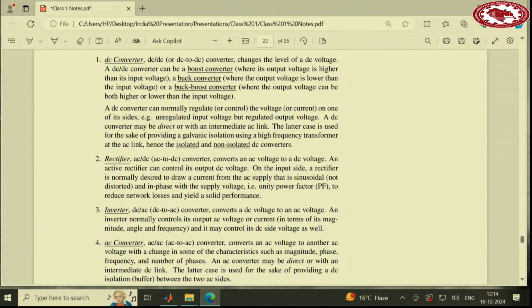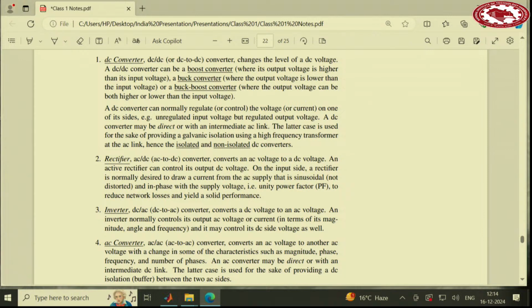In some applications, you may not be focused really on increasing or decreasing, but you may want to use this converter for other purposes. For instance, if you want to isolate one side from the other side, you can use a converter. Again, you will see later how to do that.